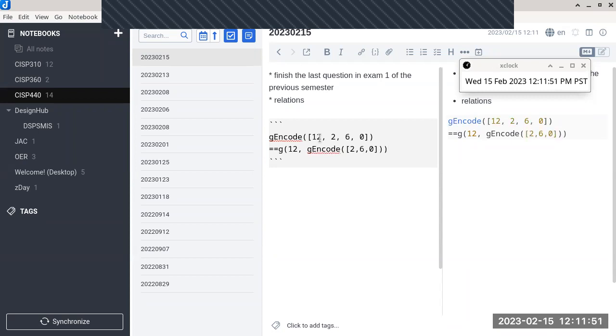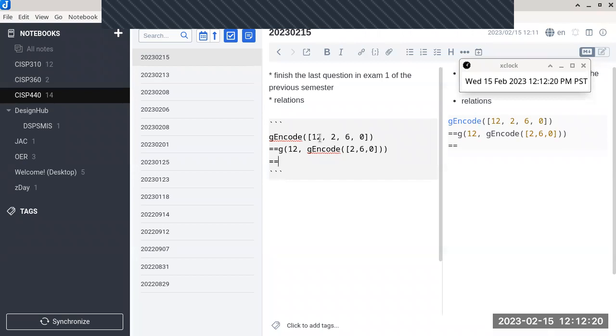Let me pause here and make sure we all understand: it takes the first character, makes that the x coordinate of the G function, and then does the encoding of the rest of the string and passes that as the y coordinate of the first invocation of G.